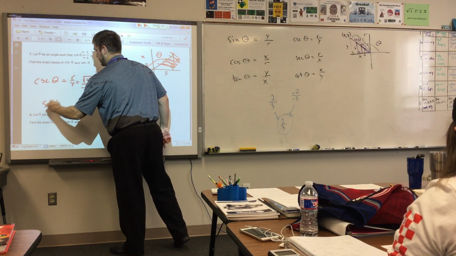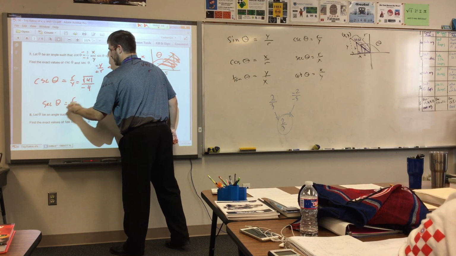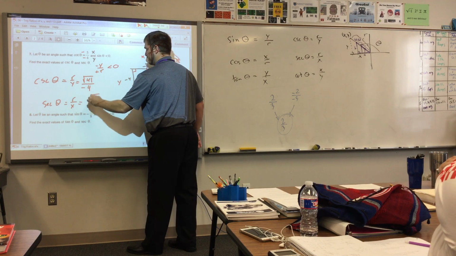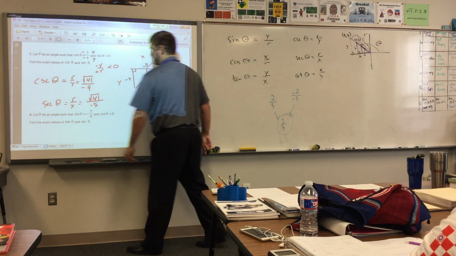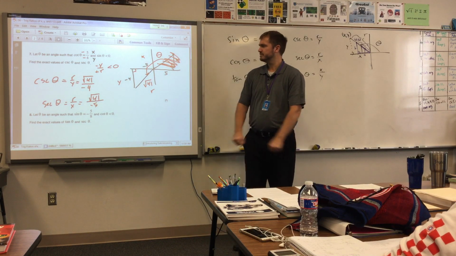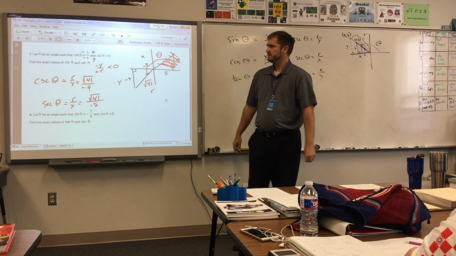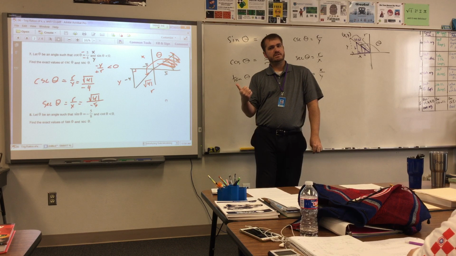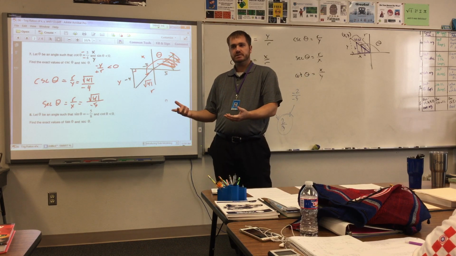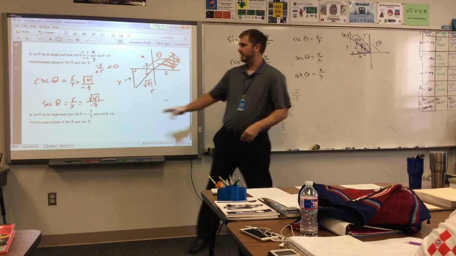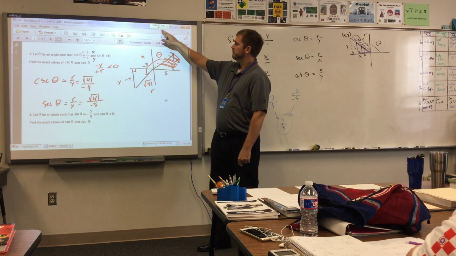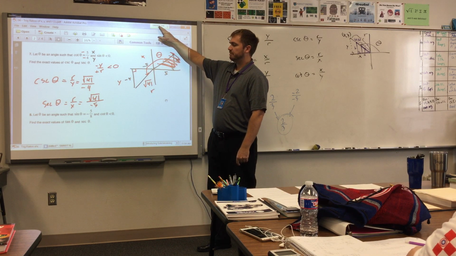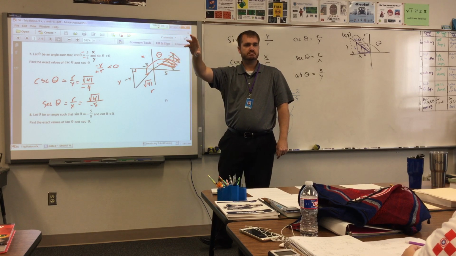And secant theta, r over x, square root of 41 over negative 5. So the tricky thing about these is they don't tell you which quadrant, at least not directly, but they kind of tell you in a sneaky way, making us think there. Any questions on that problem?